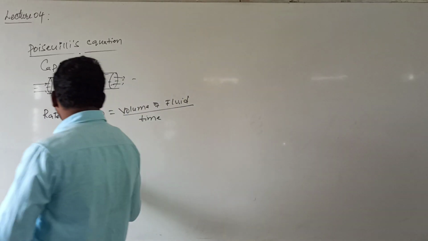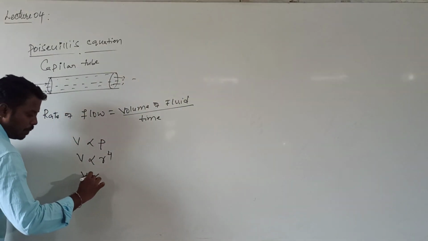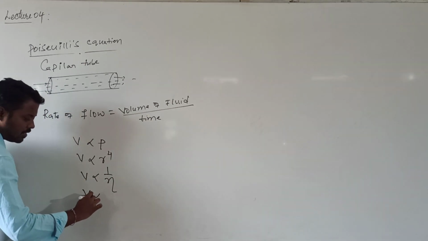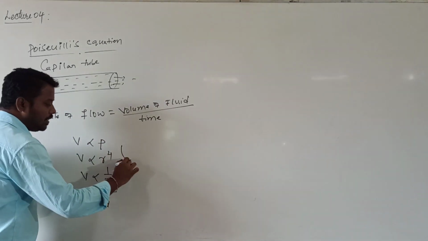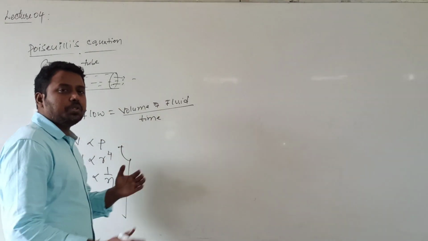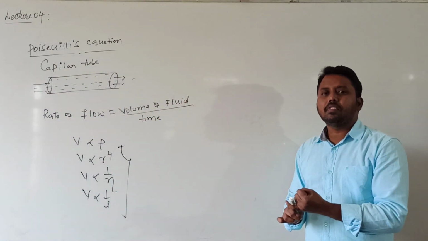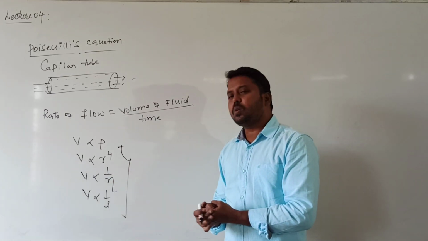So V is directly proportional to R power 4, V is inversely proportional to the coefficient of viscosity, and V is inversely proportional to the length of the tube. These are the four factors which decide how much volume of the fluid flows per second. It depends upon the pressure difference and the fourth power of the radius.